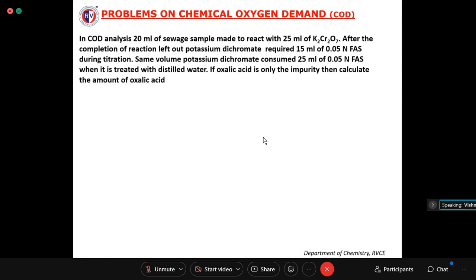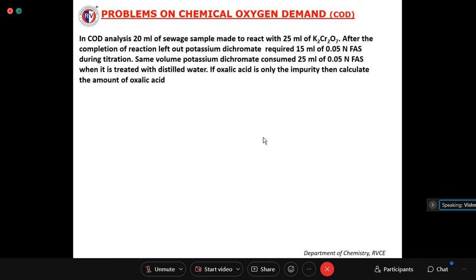Left out, it should be clear to you, that means it is the back titer value. The same volume of potassium dichromate consumed 25 ml of 0.05 normal FAS when treated with distilled water, that is the blank titer value, that is 25. If oxalic acid is the only impurity, then calculate the amount of oxalic acid.